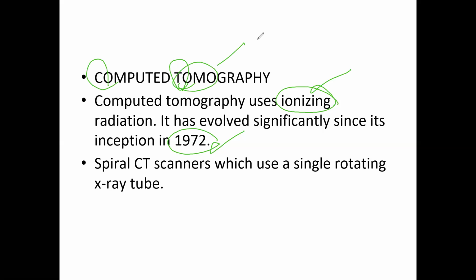And computed means computer-related pictures are taken in different slices and organized in relation to each other, so that a complete body scan can be done. Spiral CT scanners with a single rotating X-ray tube are also present.